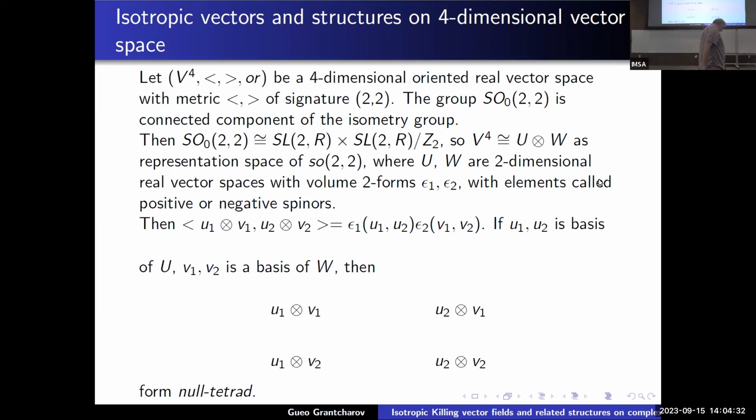In this particular case, looking at the algebra, the two factors in the tensor product are actually two-dimensional real vector spaces, and because SL(2) is the corresponding structure group, the corresponding structures in these spaces are just two symplectic forms, which eventually represent volume.